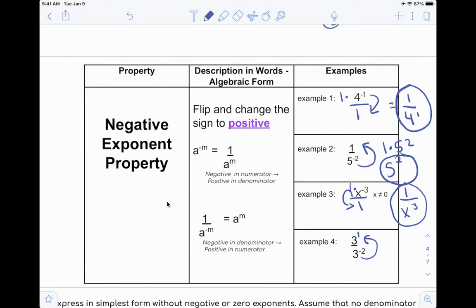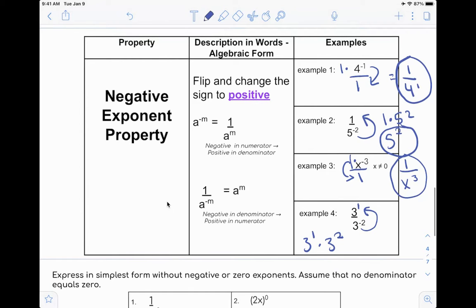I'm going to flip it and change the exponent to positive. So now I have 3 to the first power times 3 squared. And I want to remind you, when bases are the same and you're multiplying, you add the exponents. So this becomes 3 to the 1 plus 2, or 3 cubed.